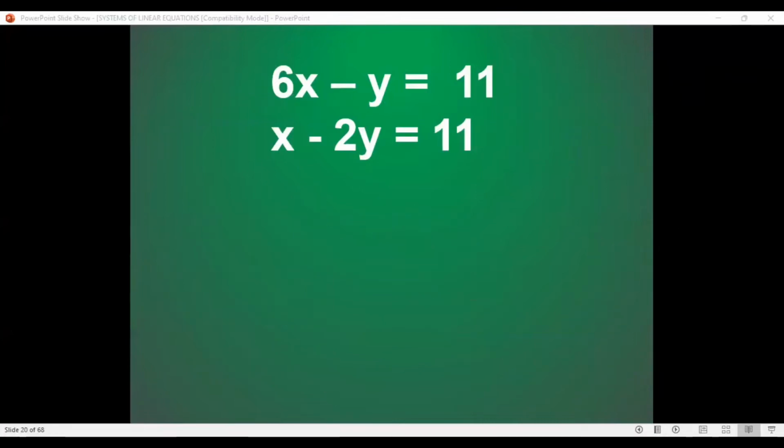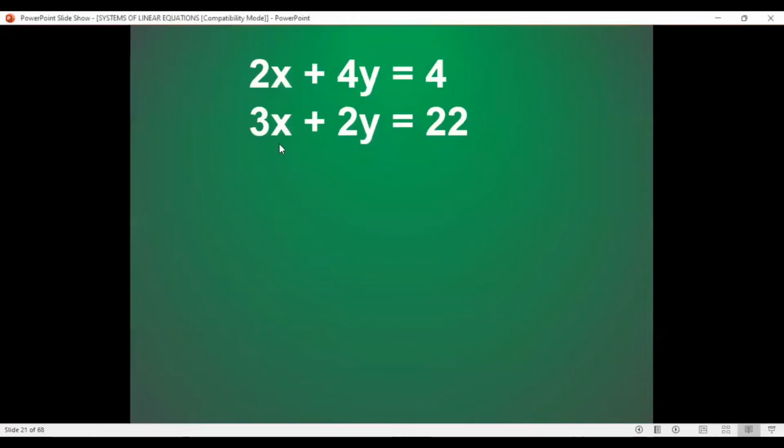Okay, let's have another example. Here, you have 2x plus 4y is equal to 4, and 3x plus 2y is equivalent to 22. So again, we decide first what to eliminate. Looking into this, you have 2 and 4. So we can simply multiply this by 1/2.